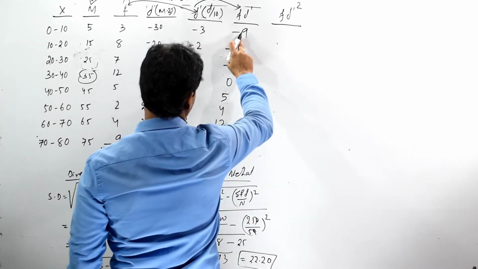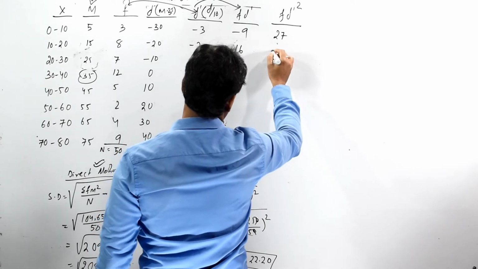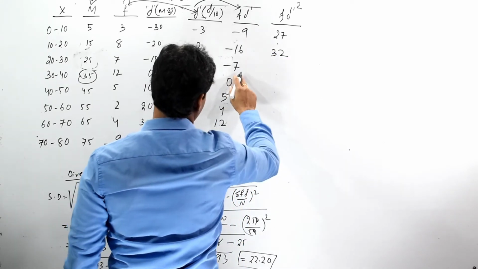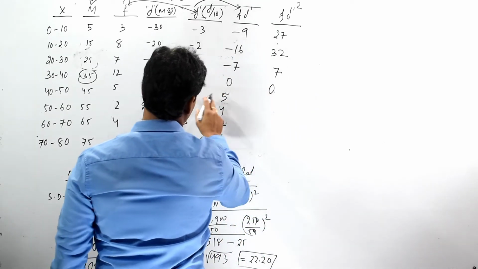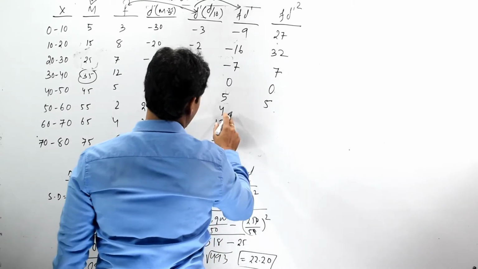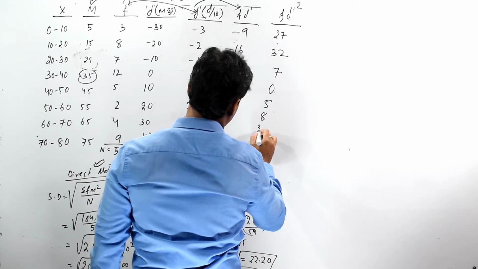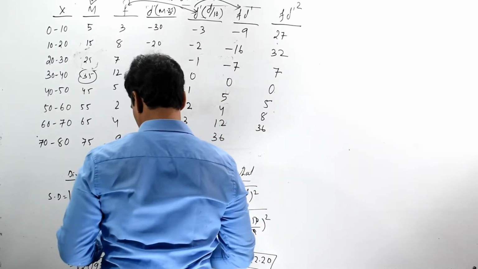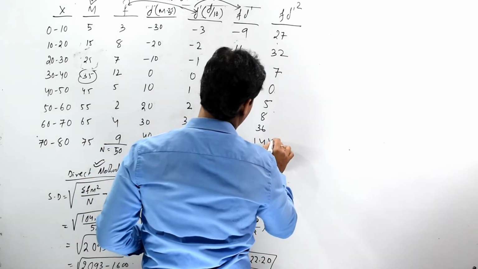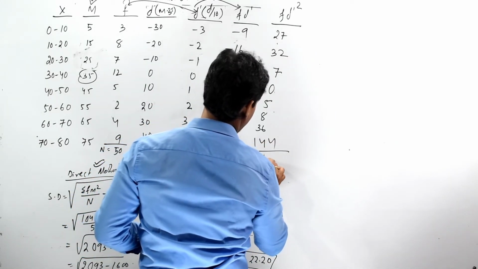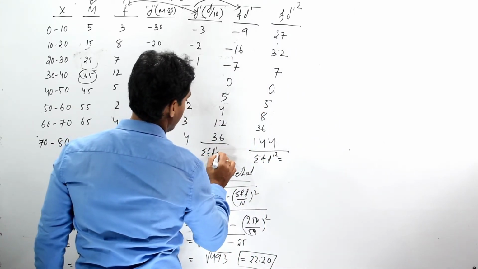So minus 3 into minus 9 is 27, minus 2 into minus 16 is 32, minus 1 into minus 7 is 7, 0 into 0 is 0, 1 into 5 is 5, 2 into 4 is 8, 3 into 12 is 36 and 4 into 36 equals 144.